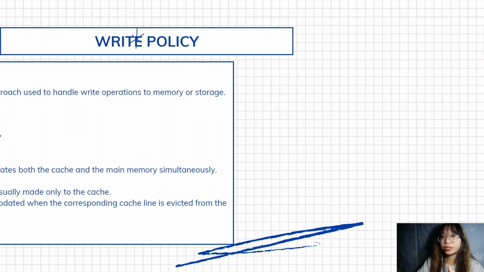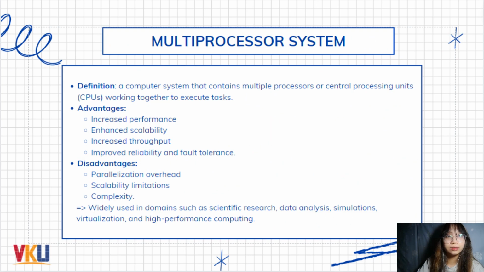Also in this presentation, I want to introduce the multiprocessor system, which is known as the parallel computer or a multiprocessing system. It is a computer system that consists of multiple processors, or central processing units, which we call CPUs, working together to execute tasks.